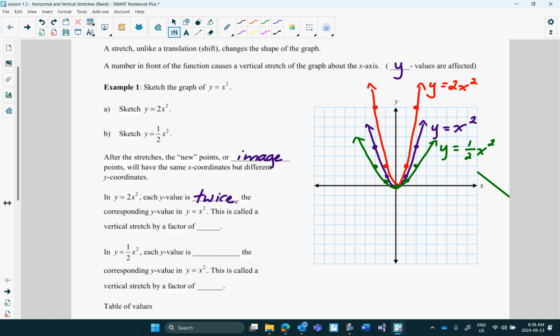Something new this year, we're going to call this a vertical stretch by a factor of 2. Factor really implies multiplication. So when you say there's a vertical stretch by a factor of 2, all the y's are getting multiplied by 2.